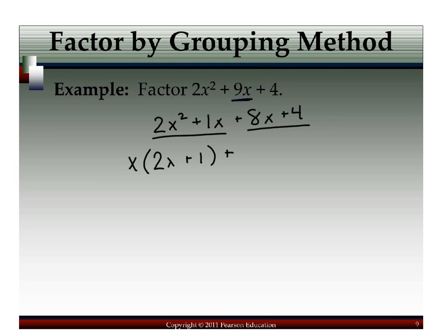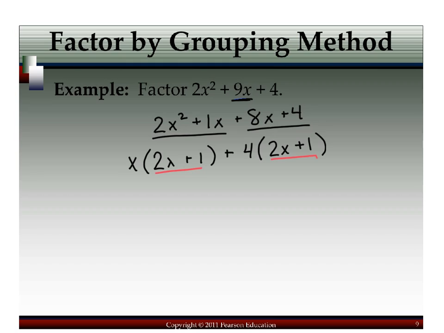And then for my last 2 terms, the 8x plus 4, the greatest common factor in that is 4. And when I take out a 4 from my 8x, I am left with 2x. When I take out a 4 from 4, I'm left with plus 1. So there we go. I do have the same thing in both of these factorings.